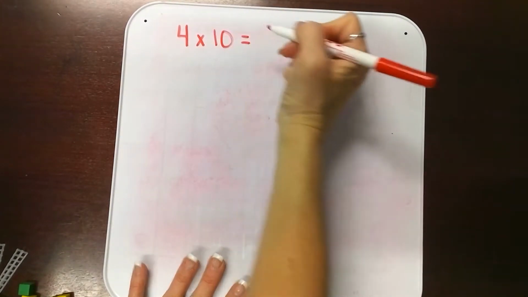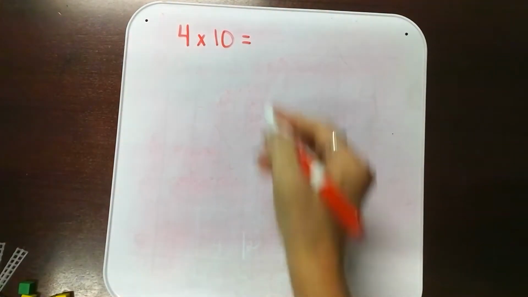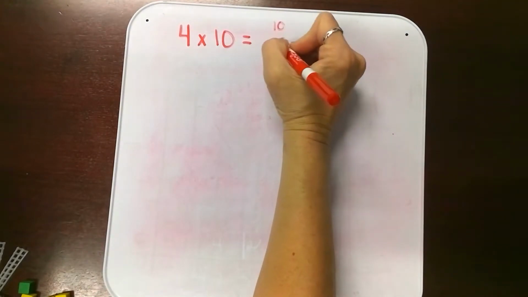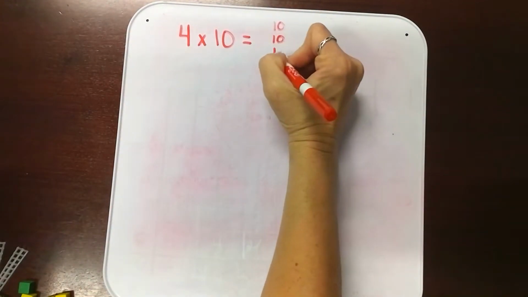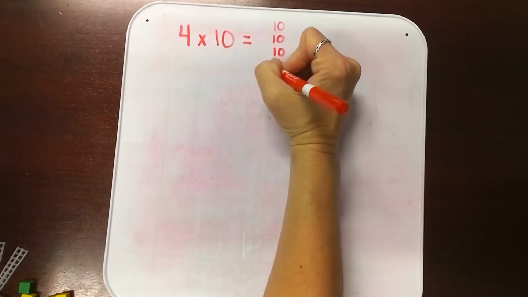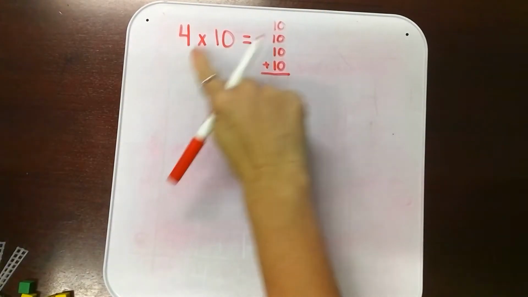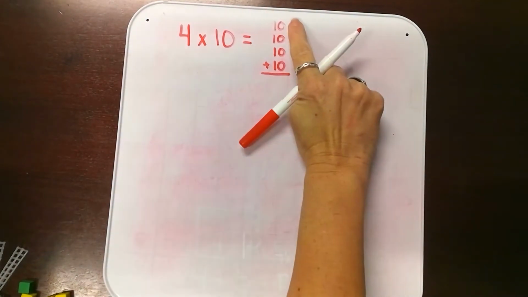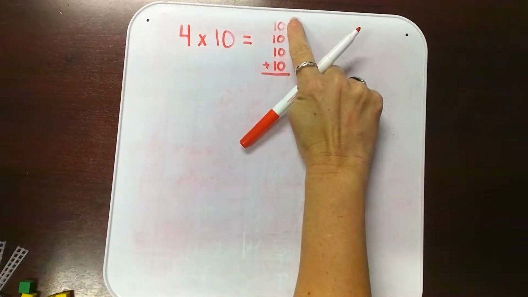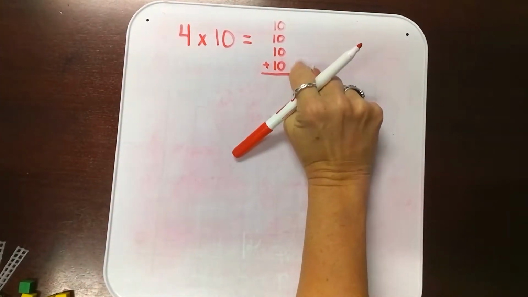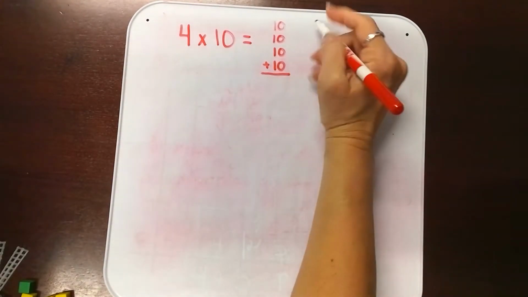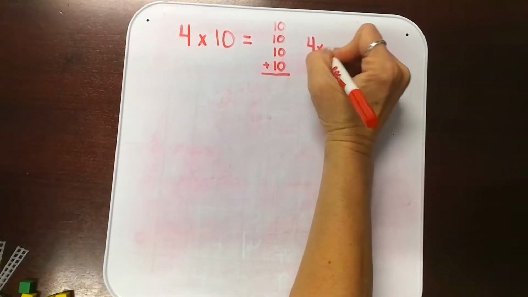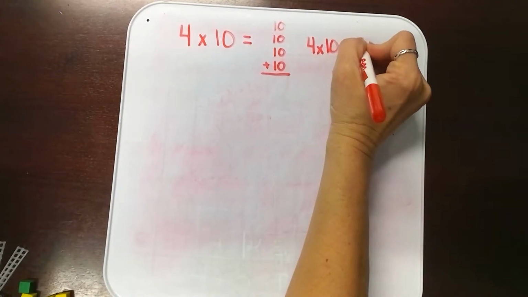Because I'm going to talk to students and say, if I have 4 tens, this is 10 plus 10 plus 10 plus 10, right? It's repeat addition. I have 4 tens. So I have 4 times 10, and I may actually, on the hundreds chart, make them count down with me. 10, 20, 30, 40, okay? So 4 times 10 equals 40.